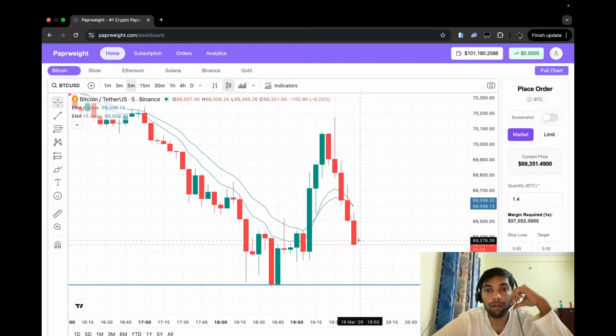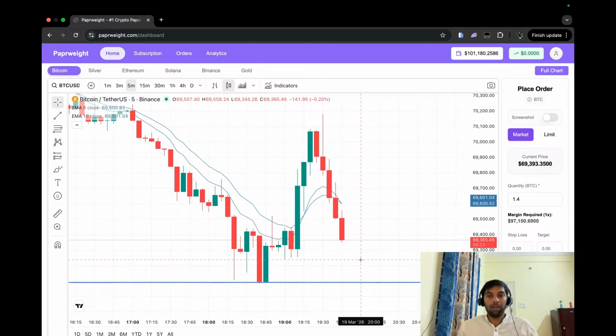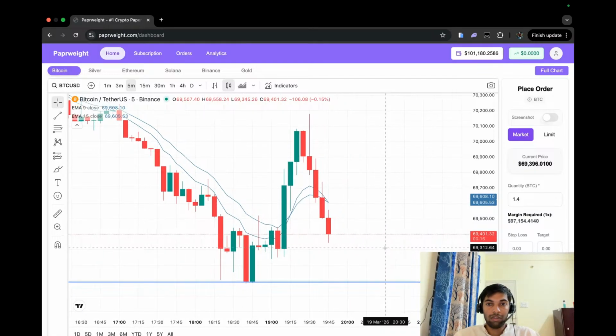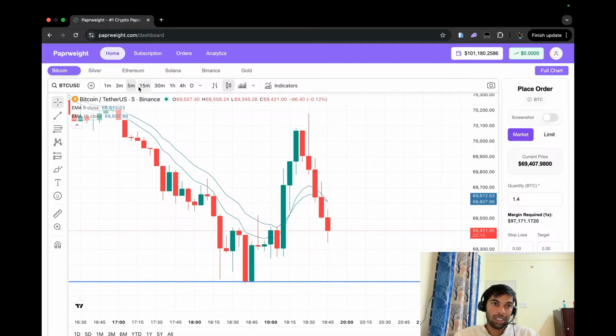That's why I'm avoiding the trade, because I have burned my hand a lot in this kind of move. So this is not a perfect setup for me actually. So that's why I'm avoiding this trade.